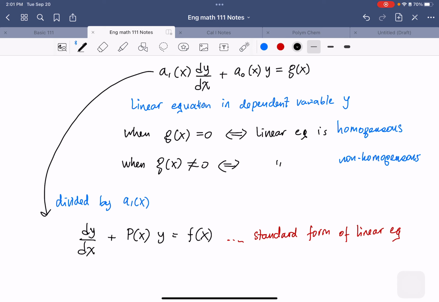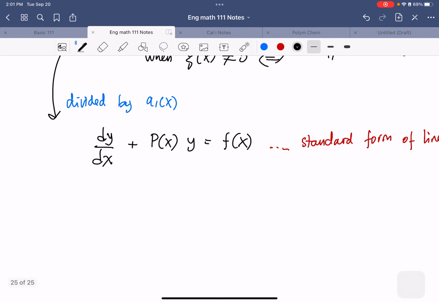Now, to build our technique, firstly, because we have homogeneous and non-homogeneous cases in our solutions, imagine that we have dy over dx plus p of x y equals 0. From the separable technique, we can easily find some y equals something as our solution.